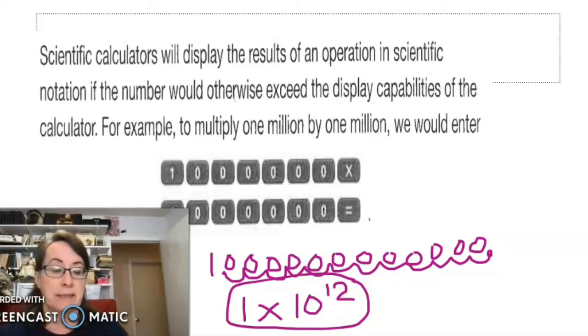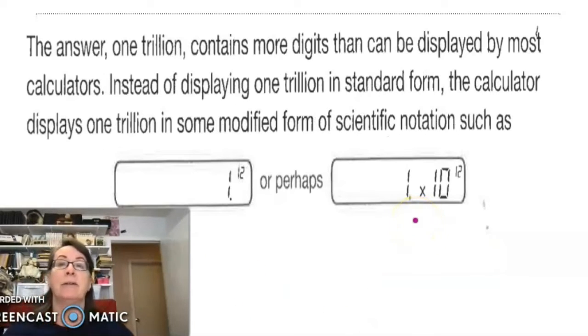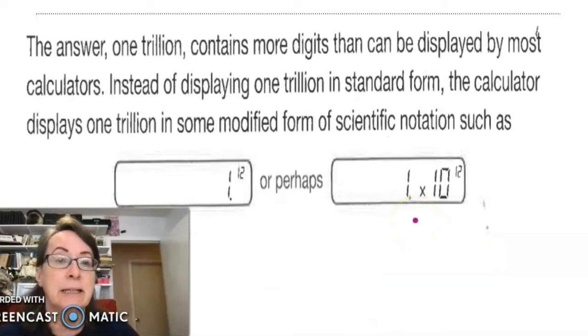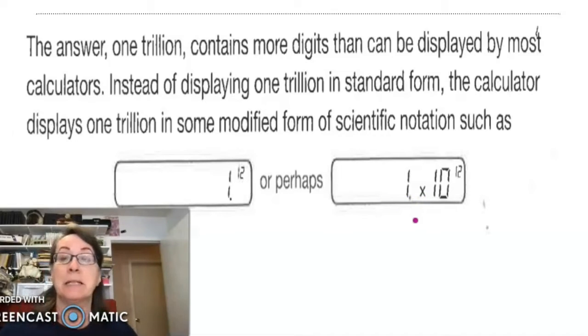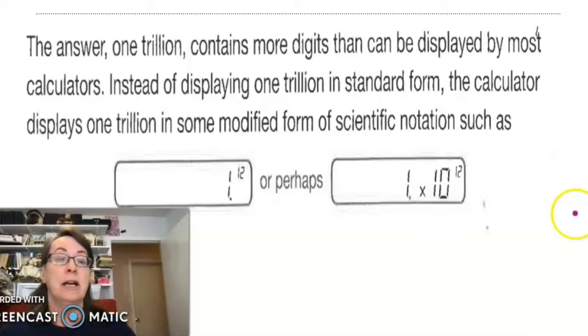Let's go to the next slide. The answer, 1 trillion, contains more digits than can be displayed by most calculators. Instead of displaying 1 trillion in standard form, the calculator displays it in some modified form of scientific notation. It was 1 times 10 to the 12th, or it might be 1 and then a little 12 up here, which indicates times 10 to the 12th.